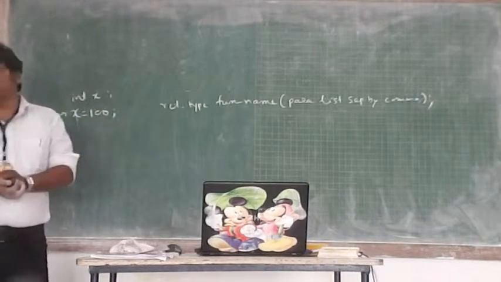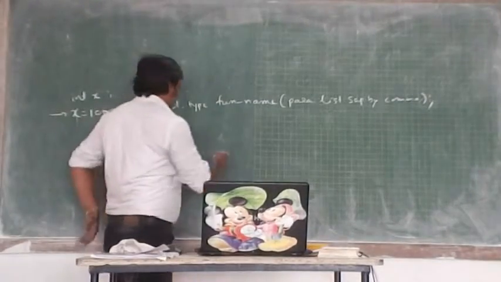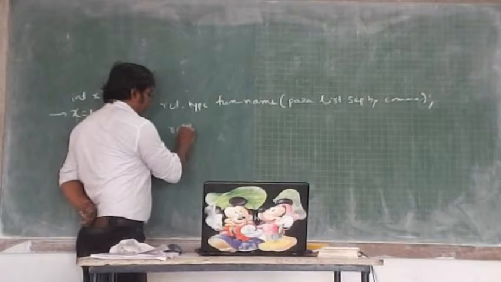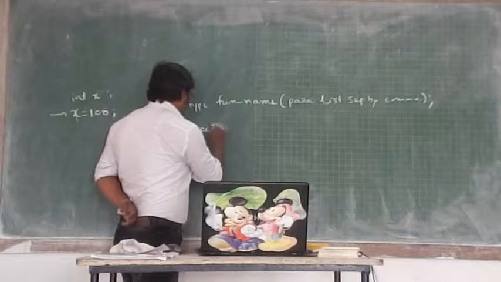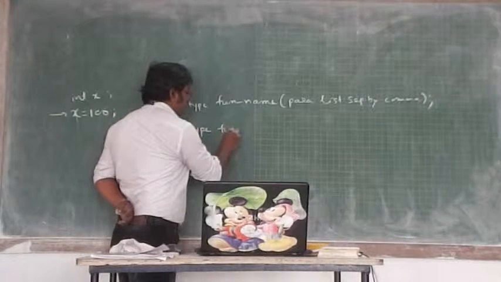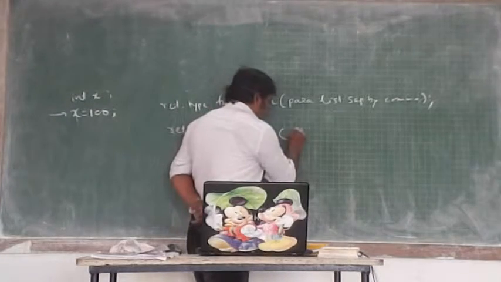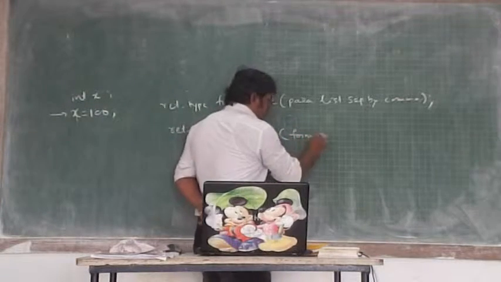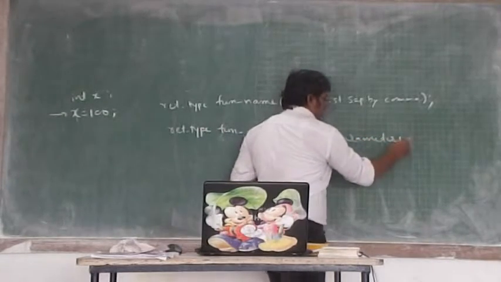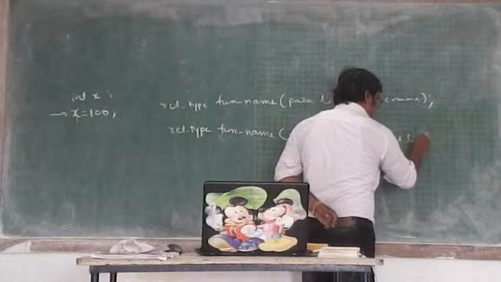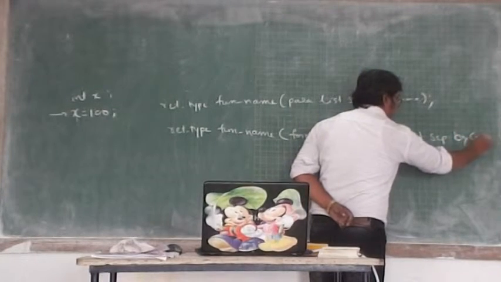How do you define a function? You might not have written it in a formal way. Return type, function name, formal parameters list separated by comma.